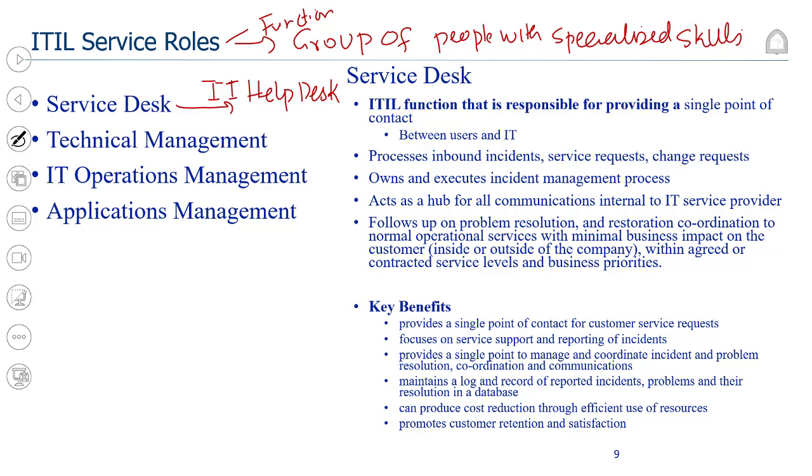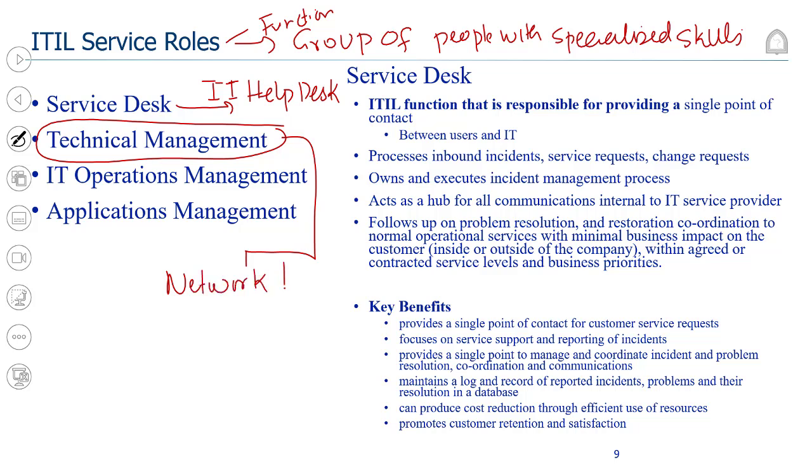And then you've got the technical management. Now you will not find this as one technical management team. We always have different teams here. In most organizations, for example, you'll find a network team. Nobody implements just a single technical management team.